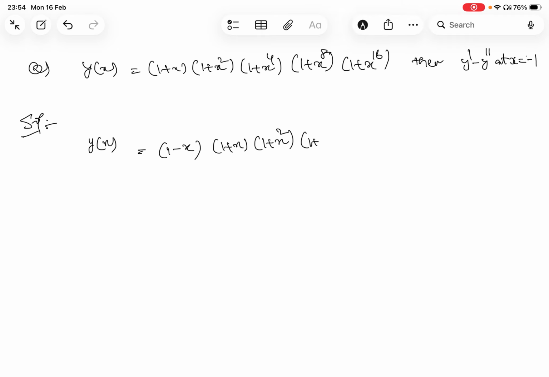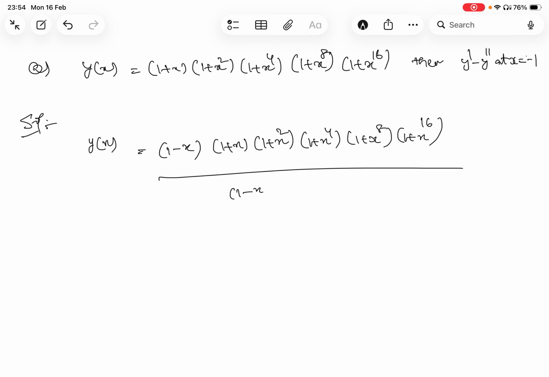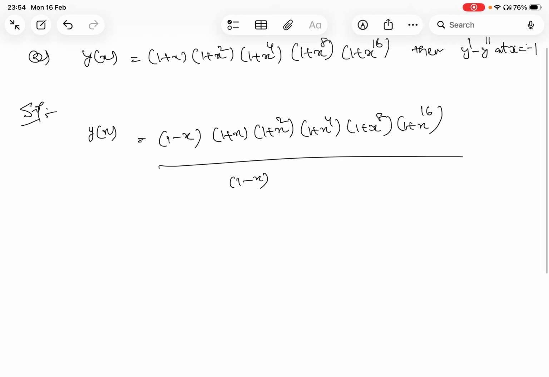You are dividing and multiplying with 1 minus x.